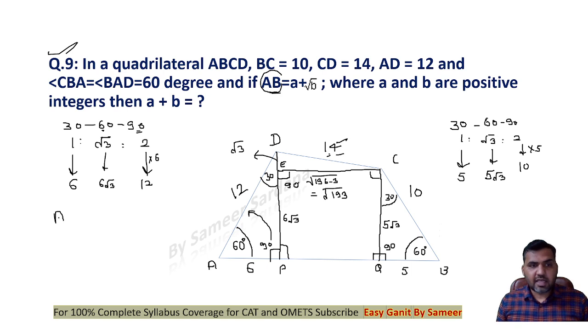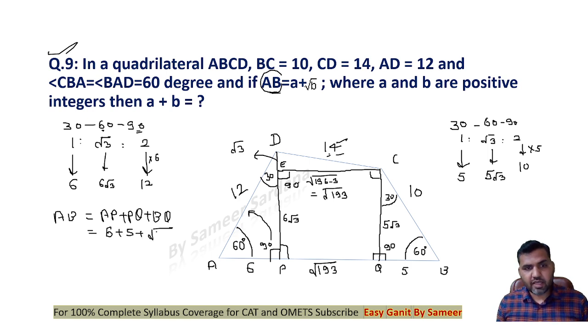So you can see the length of AB will be equal to AP plus PQ plus BQ. AP is 6, PQ is 5, BQ is root 193. That is 11 plus root 193, which is given to me as a plus root b.